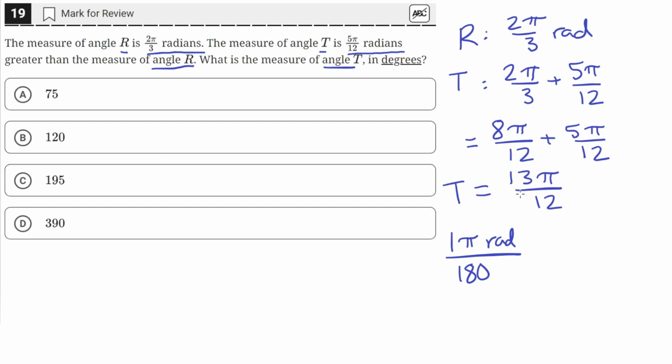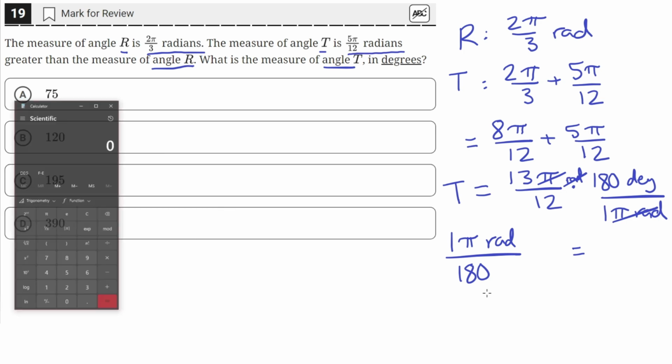So if we multiply 13 pi by 12 radians by 180 degrees per pi radian, we'll cancel out the pi radians, since this had a unit of radians, and we'll get the measure of this angle from radians into degrees.